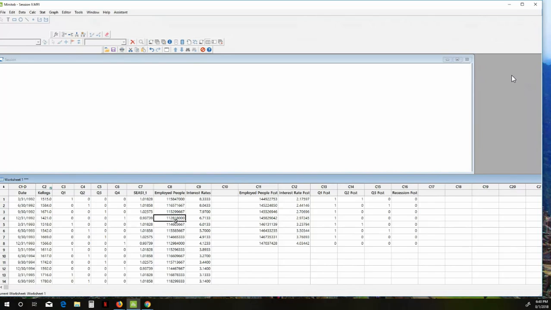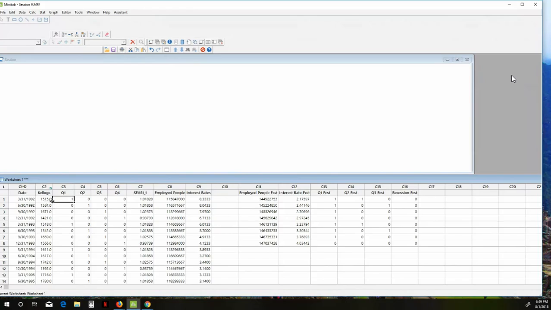It's got an incidence of employed people, but something else could have occurred. And since it's a fourth quarter, I'm saying, hey, the fourth quarter occurred during that time. Same thing for the first quarter. We have values for each of the variables for the first quarter of 92, but I'm going to say that Q1 is an event that occurred then.